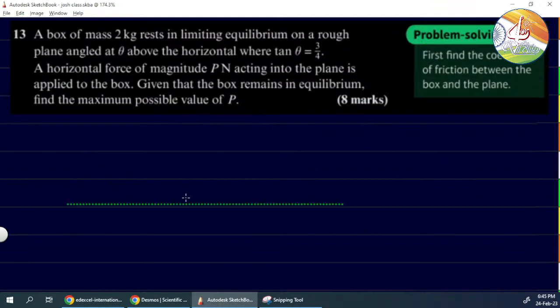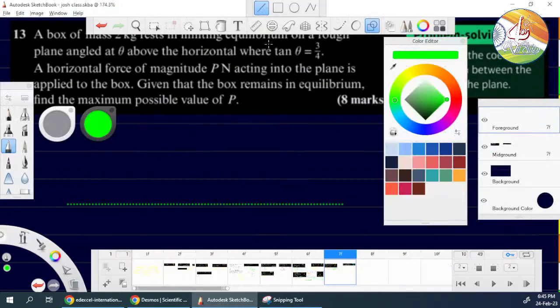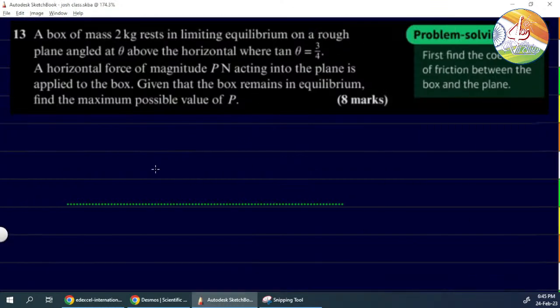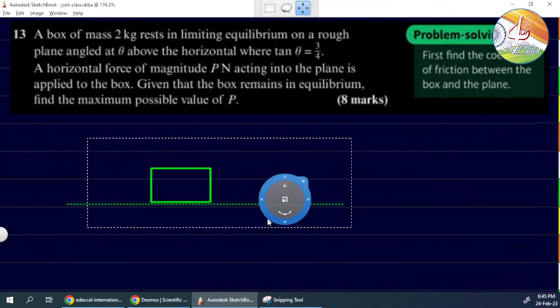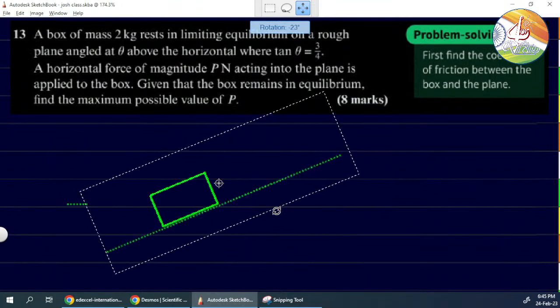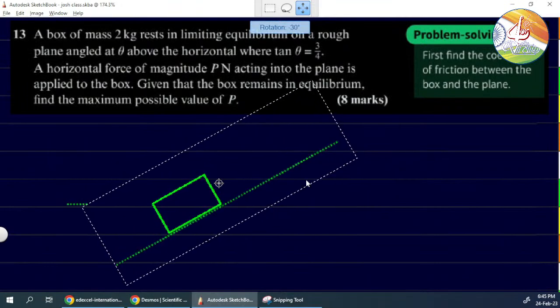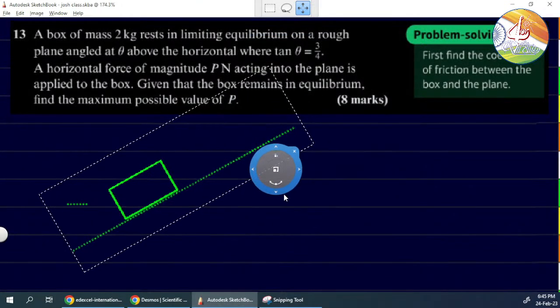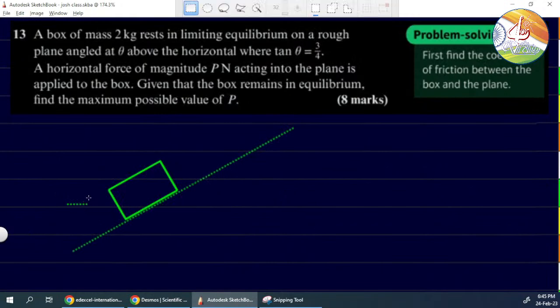Let me take the box, and then we need to incline this. So this is at an inclination. What is the angle?